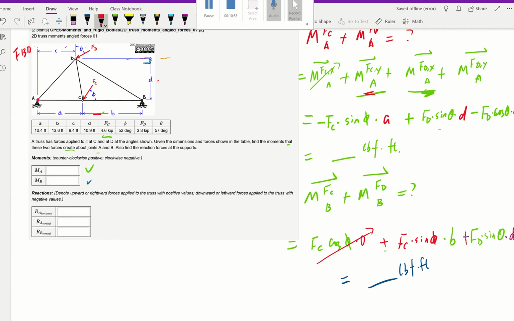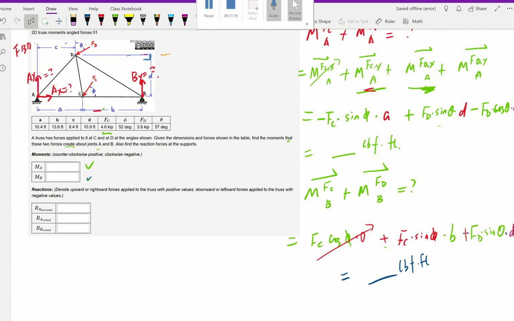But A is a pin support, so we'll have AY, and it also will have AX. And B is a roller support, so it can move freely in the X direction, so there will be no BX. However, we'll have BY. Those are our three unknowns, and we have three equations. Then we can solve it.